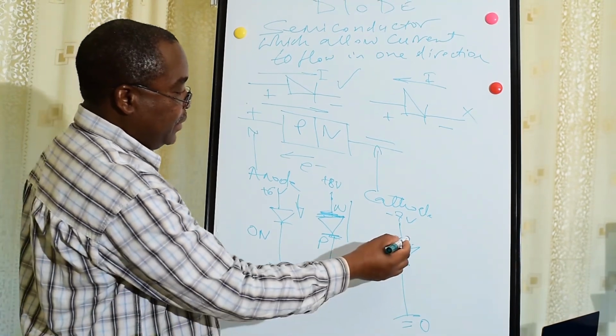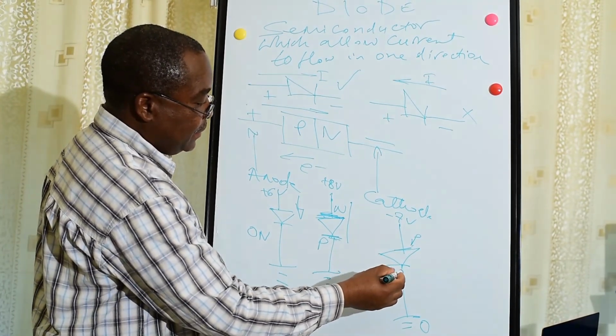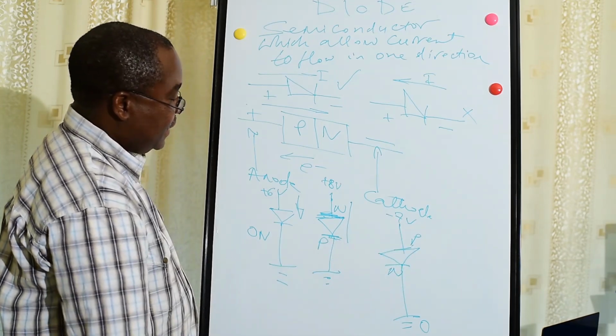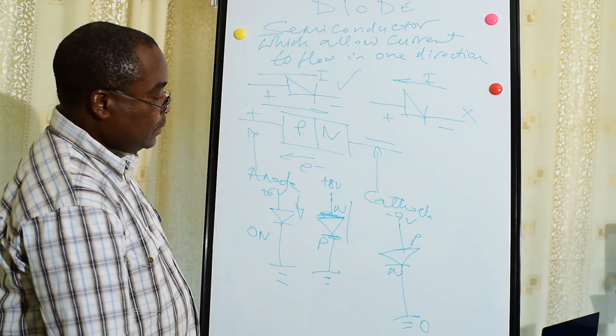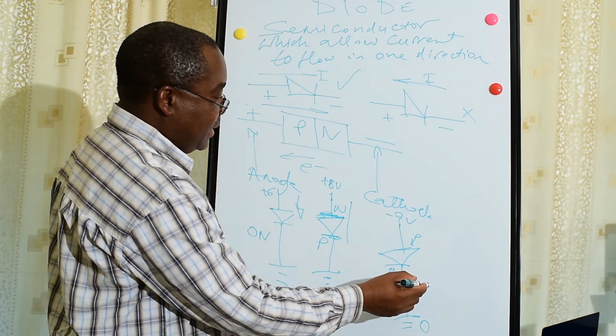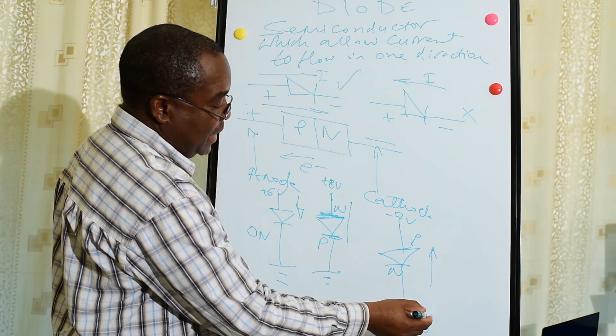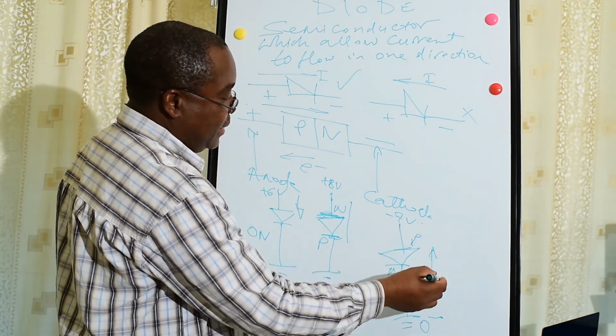So you have your P, your N. This will be on. This will conduct because the current will flow in this direction, because here we have much larger potential than here.